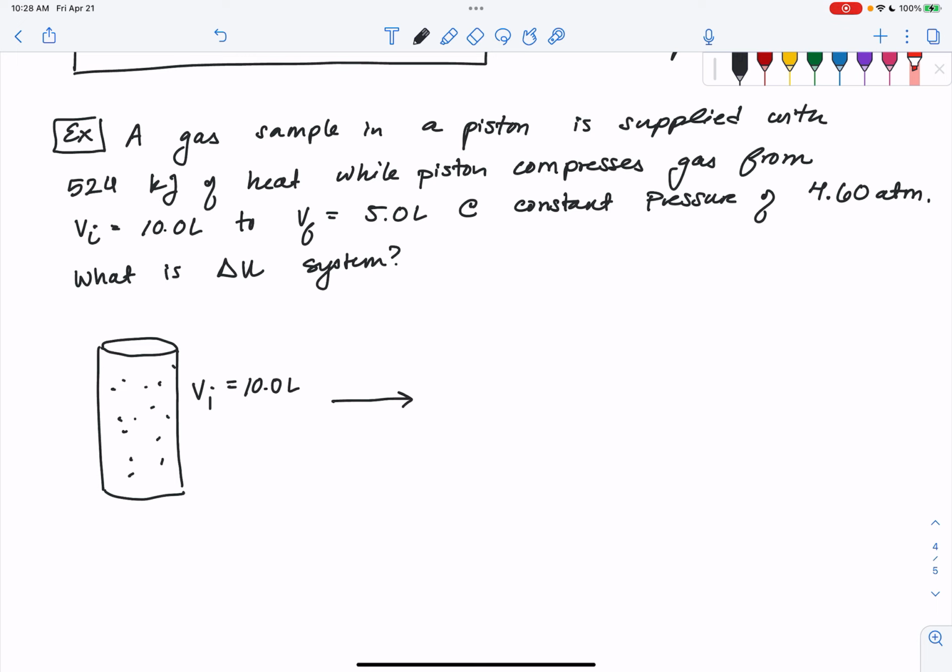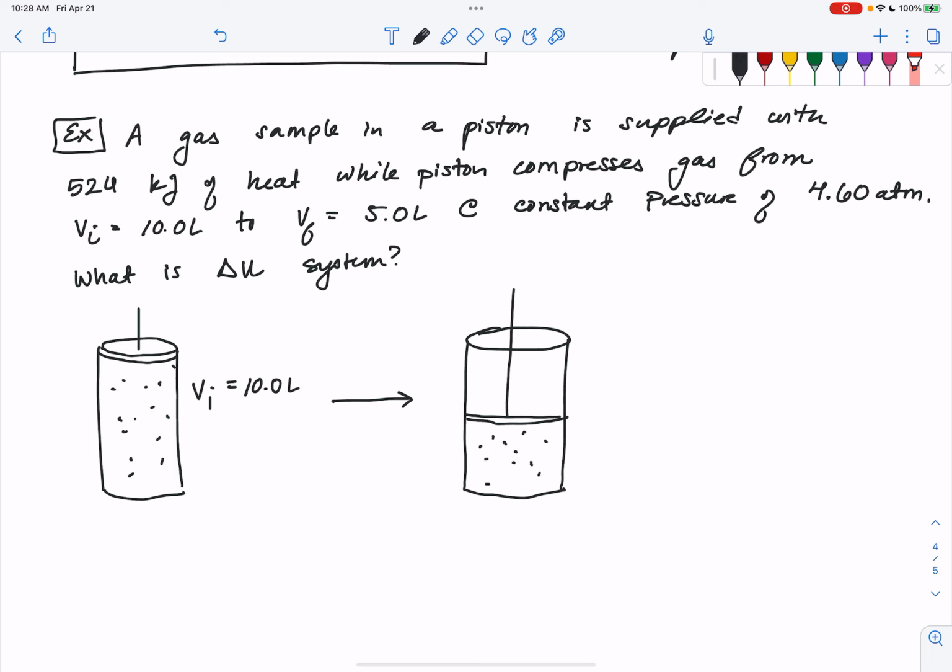And then we have a compression that is happening here where our piston, which is kind of like our little depressor here, is now going to depress so that our volume is cut in half. So V2 or V final is equal to 5.0 liters.